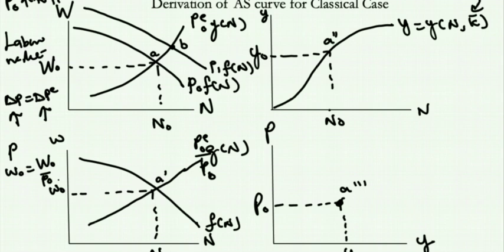Now, when price increases, the P here, from P naught to P1, let's say the nominal wage stays constant. Real wage has reduced.